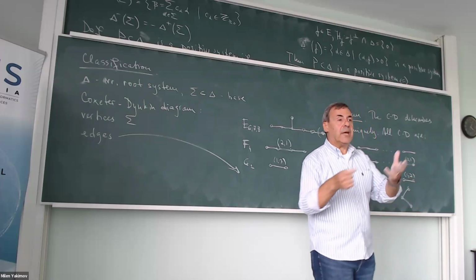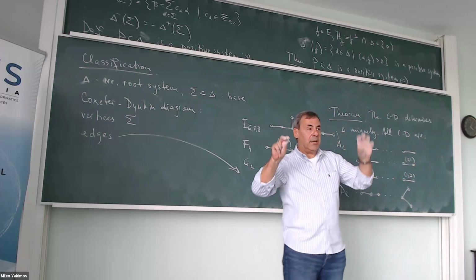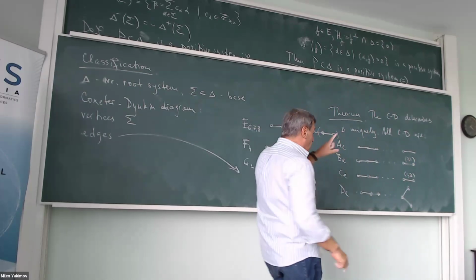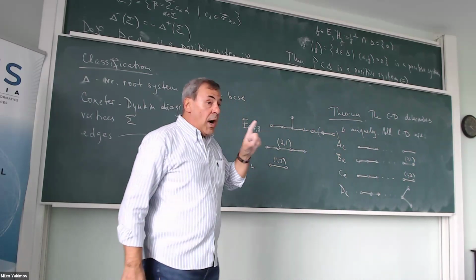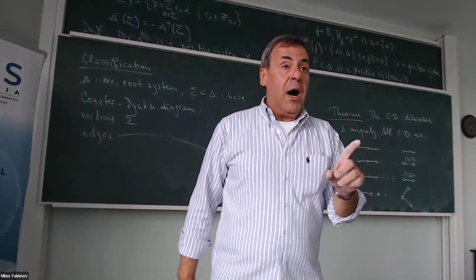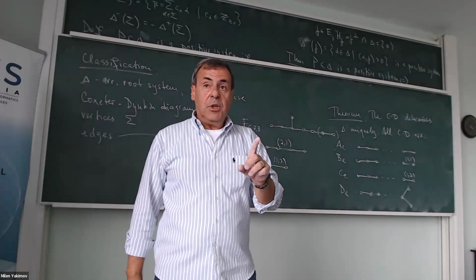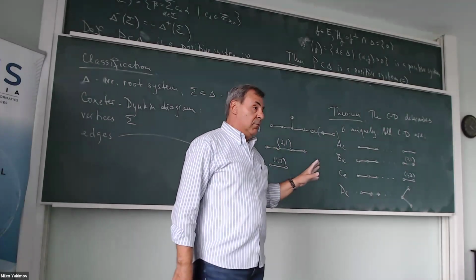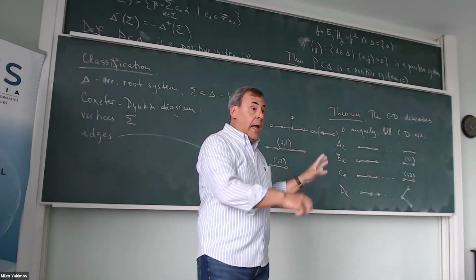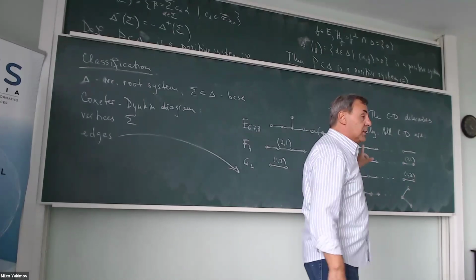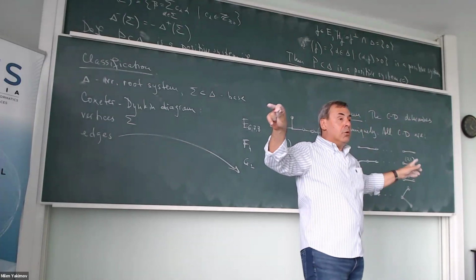Like that joke about the elephant. I touch here, I touch here, I touch it, etc. What this theorem says is once you see the rank 1 subsystems, which there is nothing to see, just how many there are, and you see the rank 2 subsystems, you've seen it all.